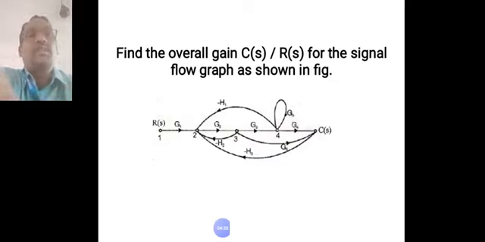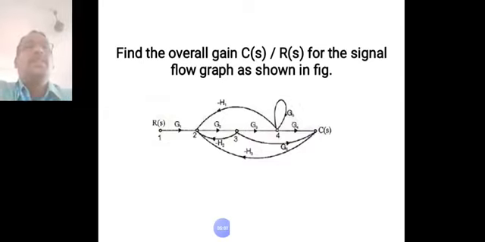The signal starts from node 1, goes through 2, 3, 4 and 5, from R of S to C of S. This is one forward path. The next forward path will be 1 to 2, 2 to 3, 3 to 5. This is another forward path. We see it in the next slide.